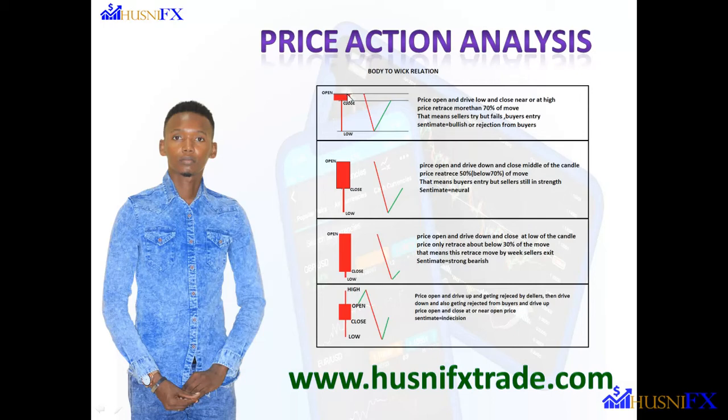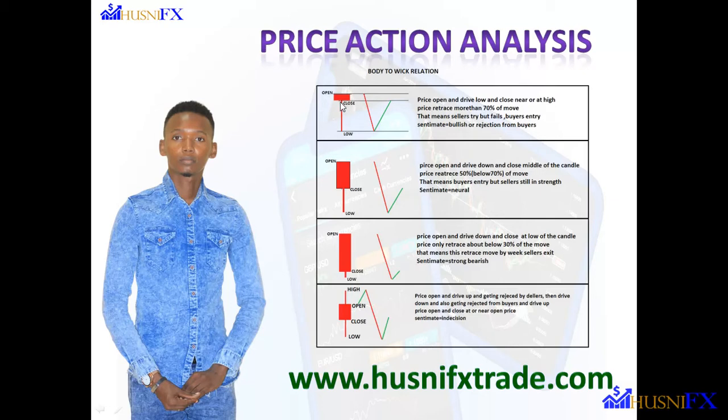You can see in this candle the open, close and also the low. You can see the open price here and the drive low, because the open price has driven the price to this low and then closed the price near or at a higher price retracement.